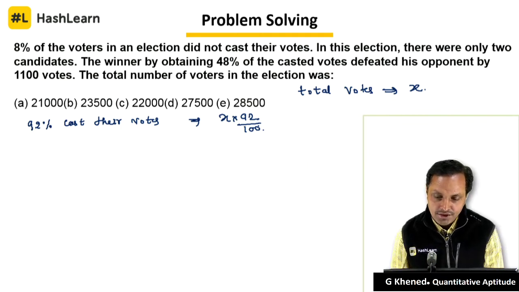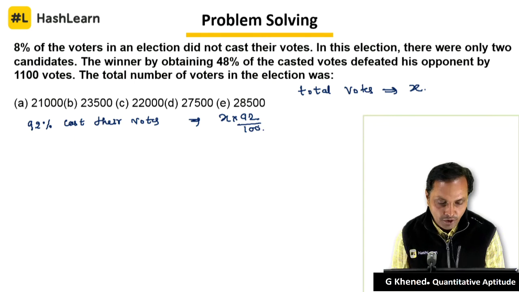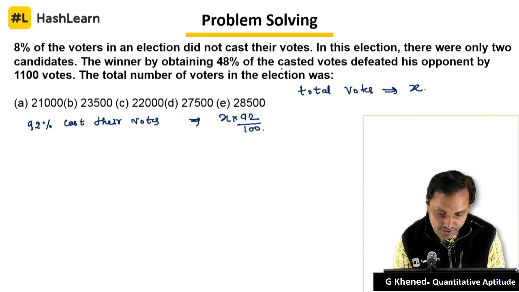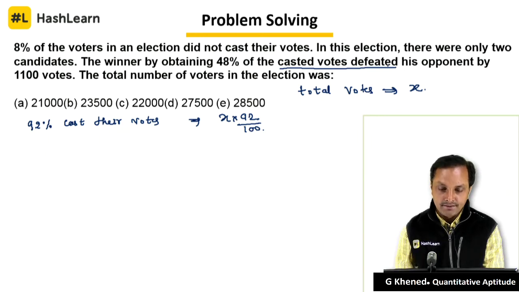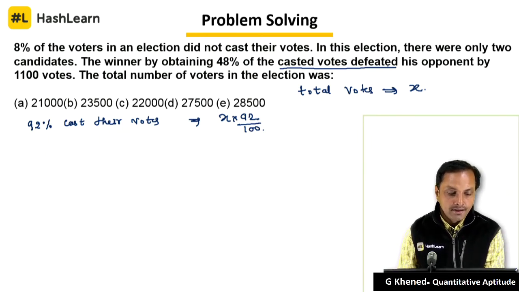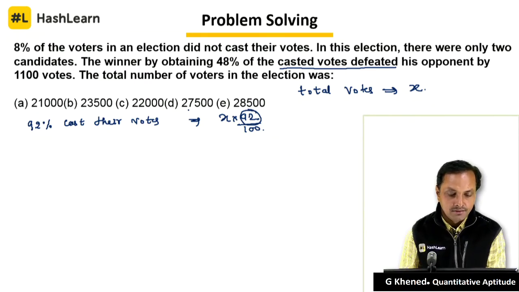In the election there were only two candidates, the winner obtaining 48% of the casted votes defeated his opponent by 1100 votes.